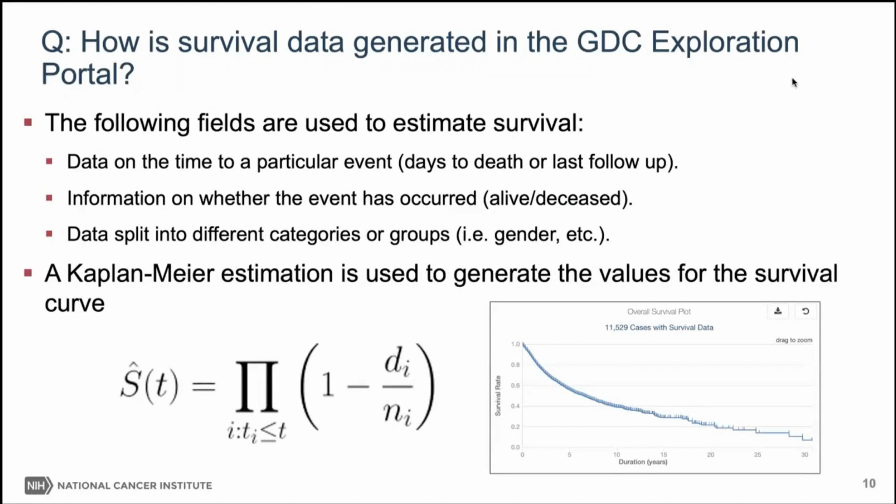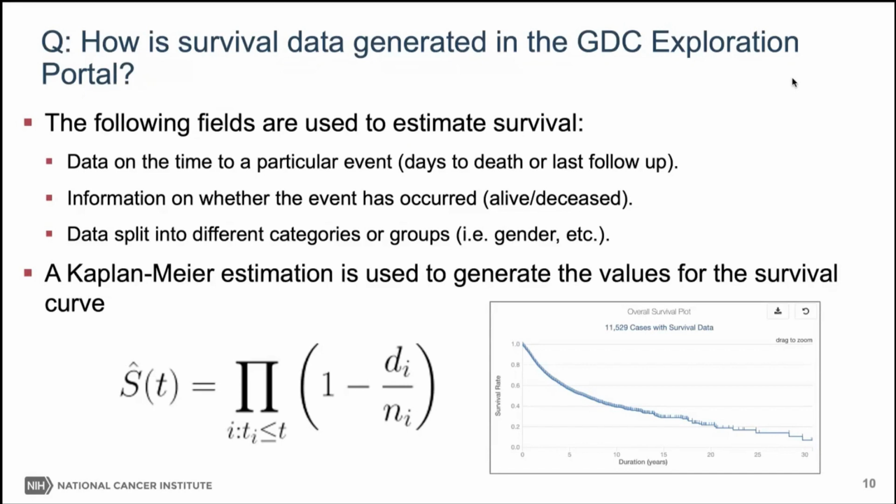In order to generate this, the following fields are pulled out of the data and used to generate the estimate. First is data on the time to a particular event, in this case, death or last follow-up. Information on whether the event, death specifically, has occurred, so alive or deceased.